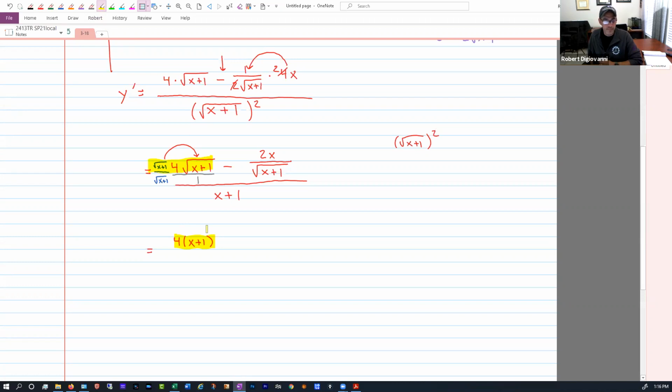Then you have the minus sign, then you have the other one's numerator, which is 2x. And all of that should be over their common denominator, because they were both on top of this. So now we have square root of x plus 1 here. But don't forget, all of that is on top of x plus 1.